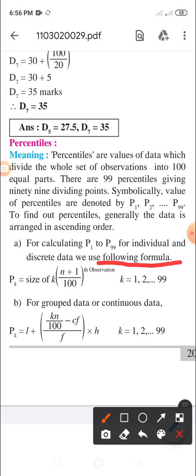P_K, where K stands for first percentile, second percentile up to 99th percentile.